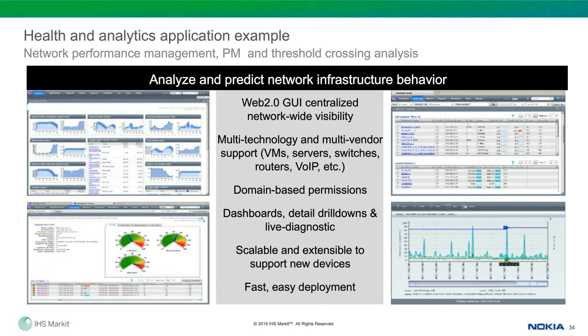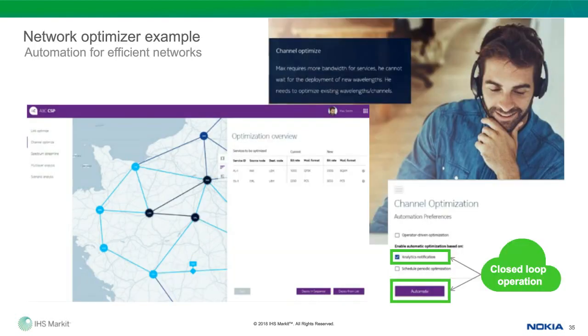So that's a look at the Analytics app. The next one is the Network Optimizer. So this is a sample optimization tool GUI, and tough to see, but on the left there's a menu of different tools you can use here. Just a couple of those to highlight.